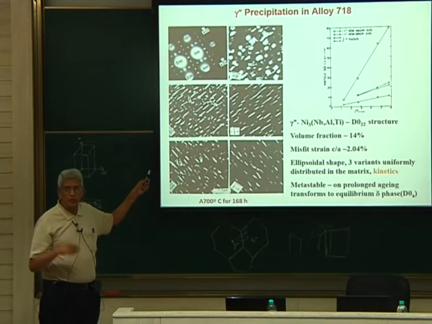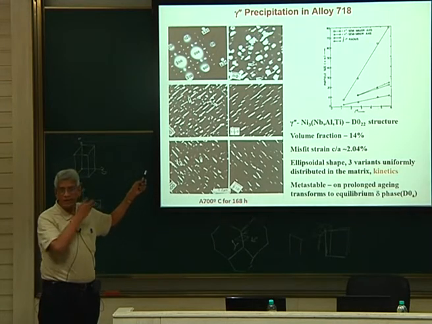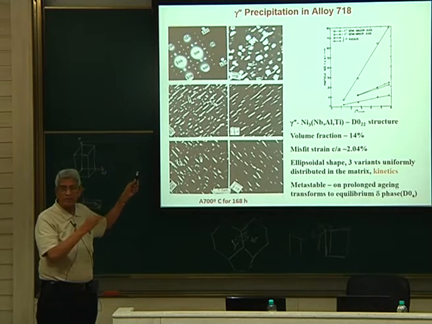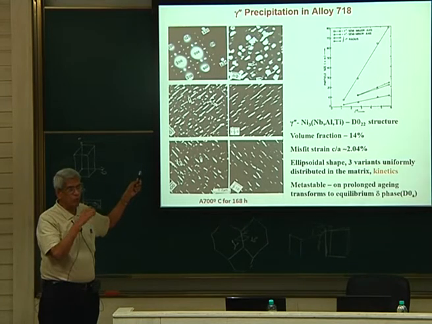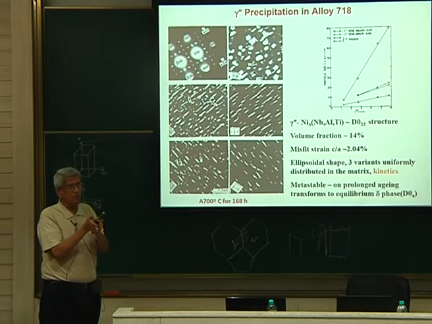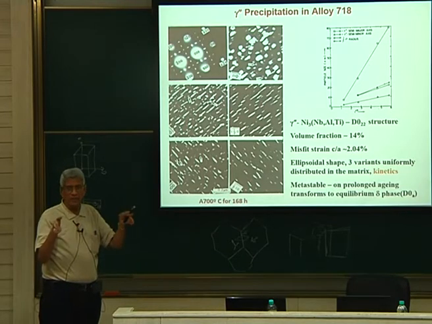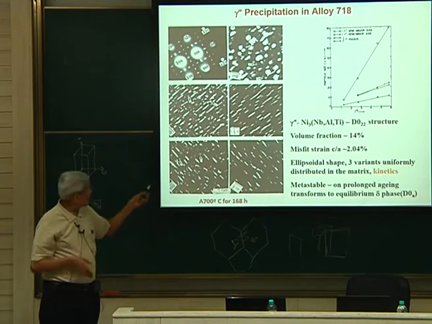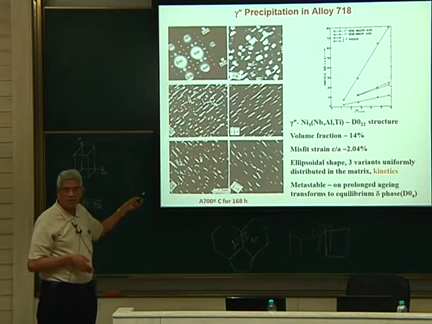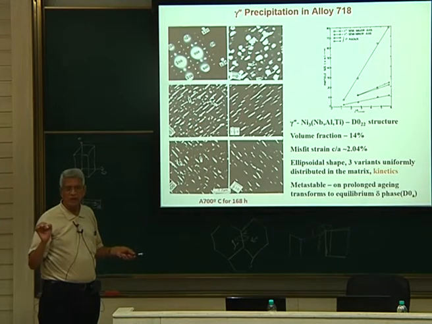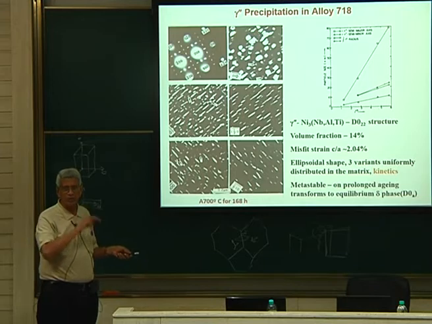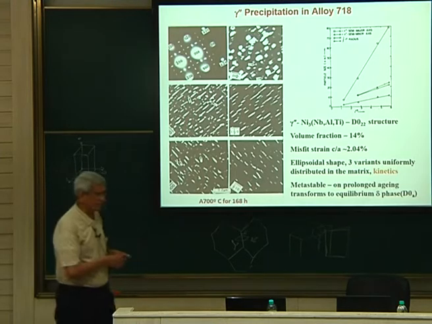The same precipitates I showed in bright field in an earlier class have a coherency strain associated with them, so we cannot see the boundary of the particle properly. Whereas when we image them in dark field, we can see the precipitates very sharply and clearly. This is how it has to be imaged to find out the particle sizes.